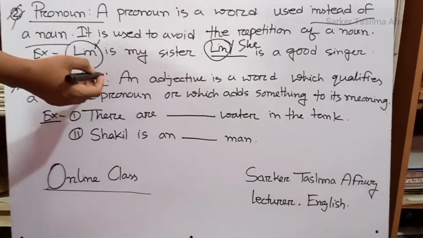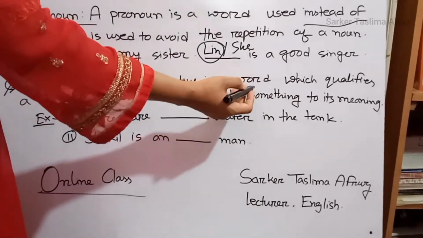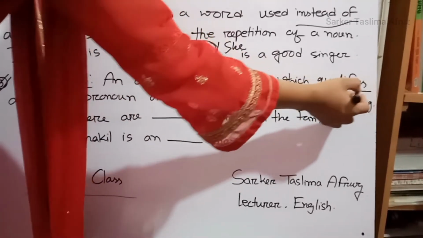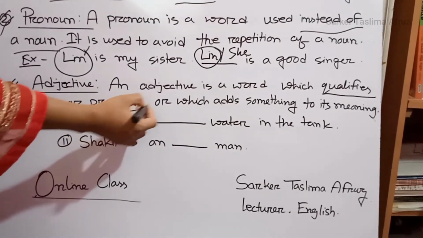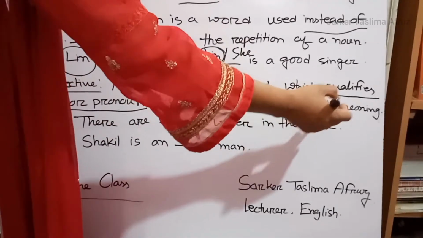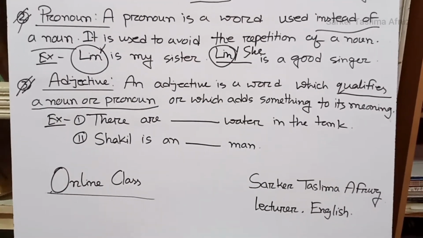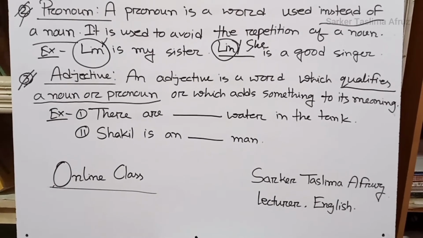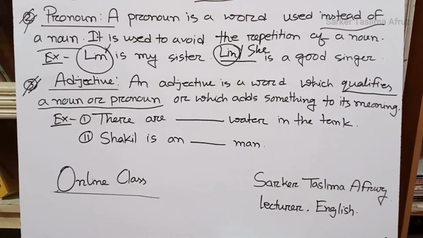Here is a definition for you. You can see, an adjective is a word which qualifies a noun. Yes, I have already mentioned this. It qualifies noun or pronoun, or adds something to its meaning. So if we want to bring a flow in your sentence, want to mention anything as a compliment, in that case it is important to know about adjective.